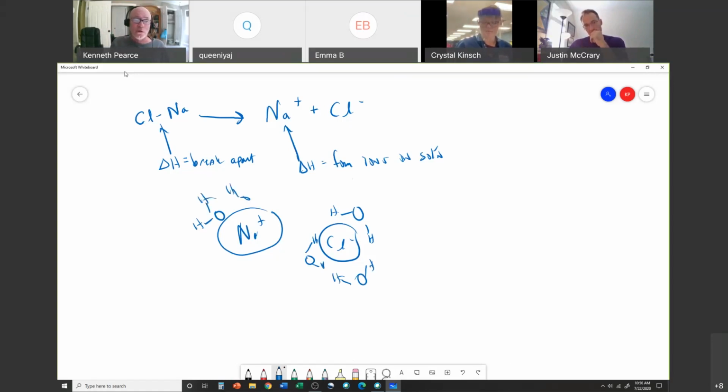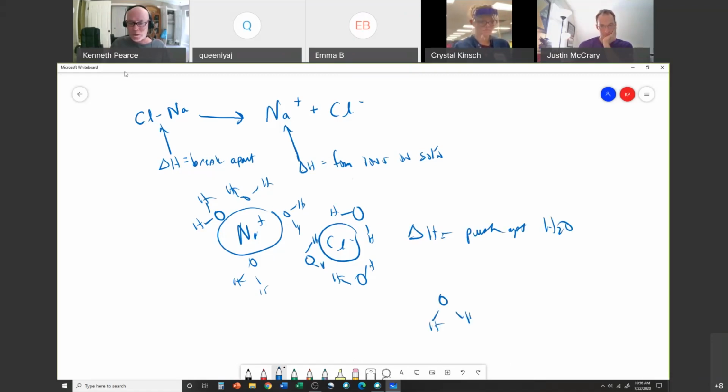You got all these water molecules around this thing, and this takes energy as well to push apart, because remember, they originally had H bonding going on. So you actually had to slide in between. And so there's all these different energies going on.